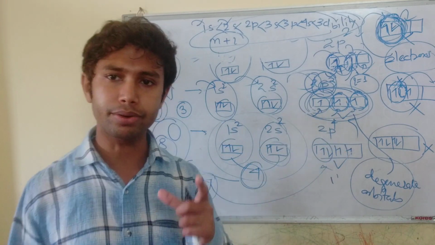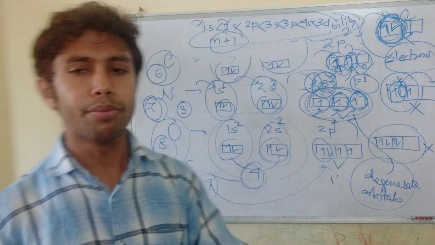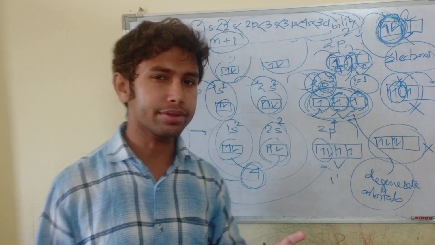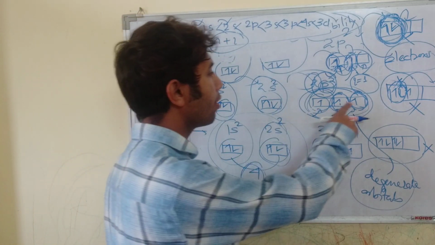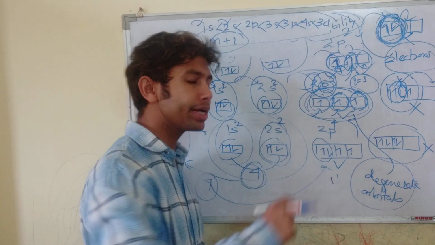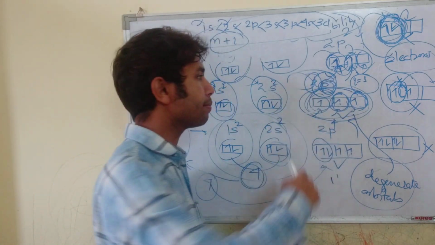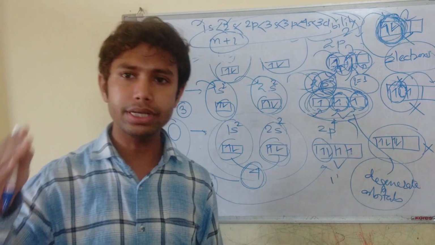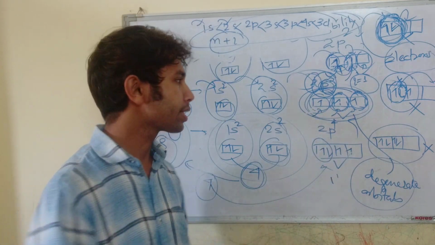Then we go to pair up the electrons. We move towards pairing of electrons only when each orbital of the degenerate orbitals of that subshell is singly filled.